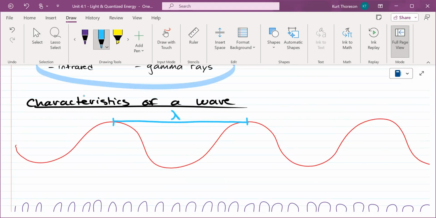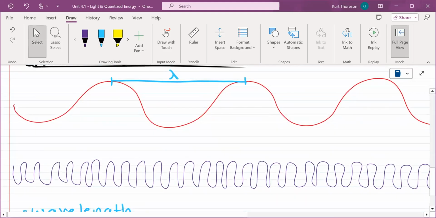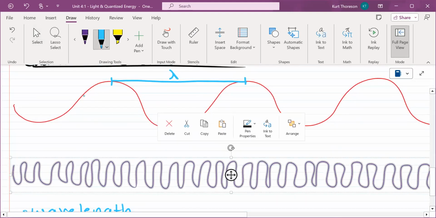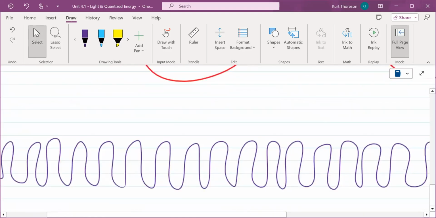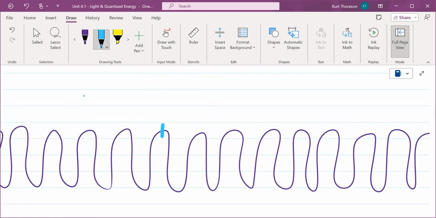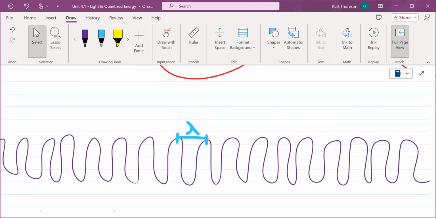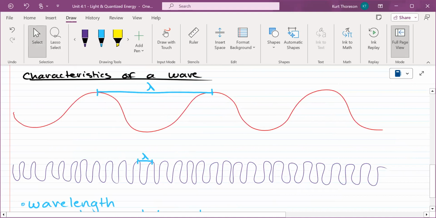The distance between two waves. You go to the purple or the violet wave, here to here. That's the distance between two waves. That's also a wavelength.